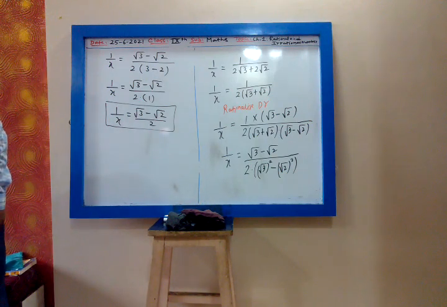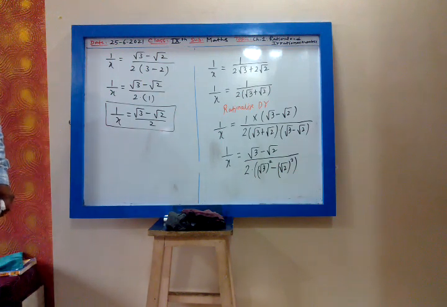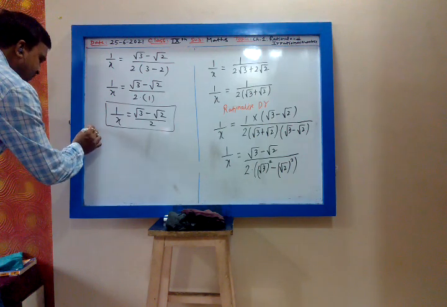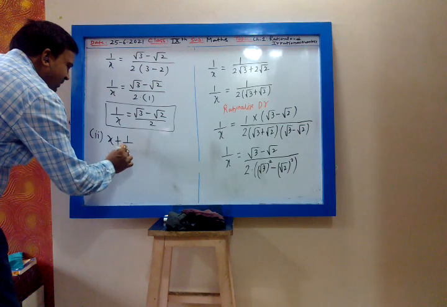Now let's simplify that. So 1 upon x is root 3 minus root 2 upon 2, correct? Now what do you want to find? x plus 1 upon x.